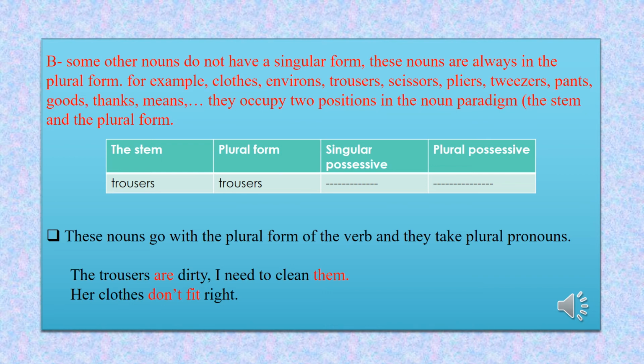So a noun like trousers, in the noun paradigm, has two forms: the stem, trousers, and the plural form, trousers. The singular possessive and the plural possessive are empty, so we have just two forms, the stem and the plural form for trousers, which is the same.